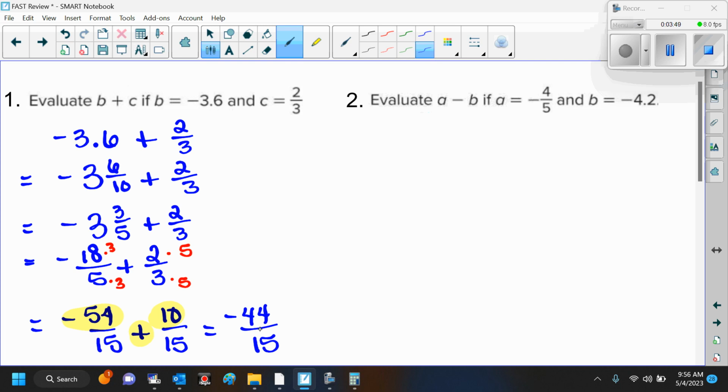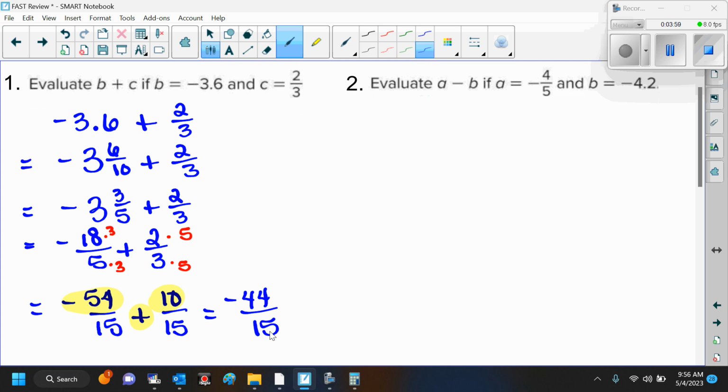And this now is our subtotal answer, I guess you can call it. And now we have to change this to a mixed number, right? So how many times does 15 go into 44? And is it going to be positive or negative? It's going to be negative.